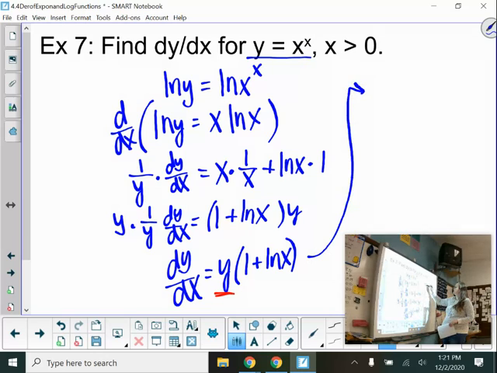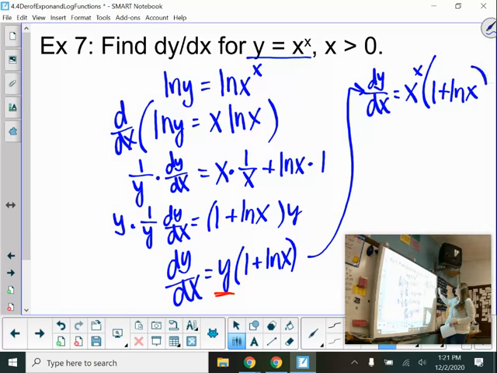So my derivative here, instead of being y times this, it's going to be x to the x times 1 plus natural log of x. So again, we have to go back and do that substitution there at the end.